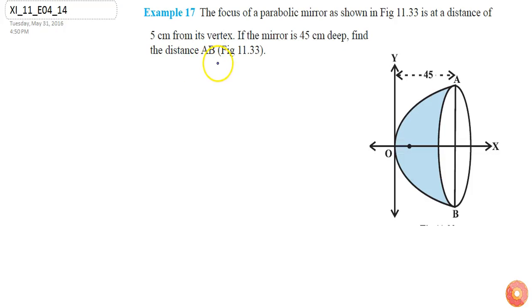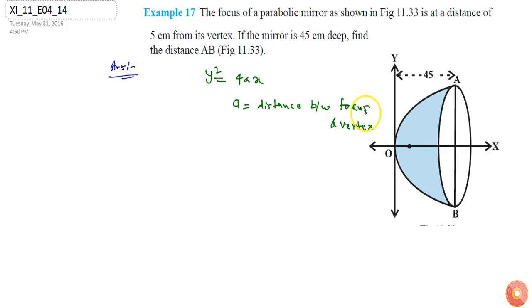Since the given parabolic mirror is of the form of a parabola with standard equation y squared equals 4ax, where a is the distance between the focus and vertex of the parabola.